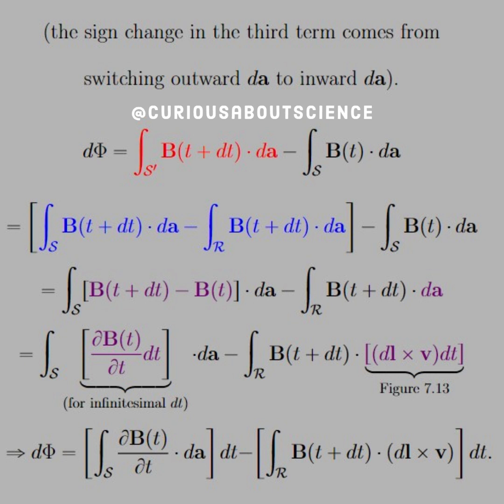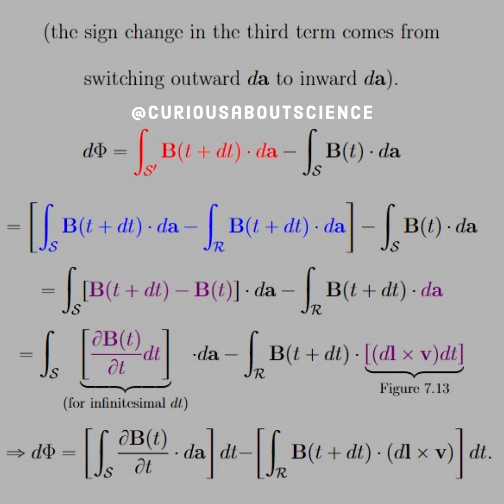In the next step, we consolidate B of t plus dt minus B of t into the partial of B with respect to t times dt, for some infinitesimal dt. That's literally just the difference. If you go back to the derivative, that's just the difference, but only with respect to t, and that's how we condense that.